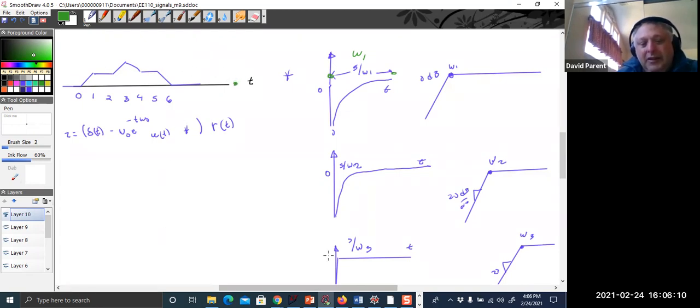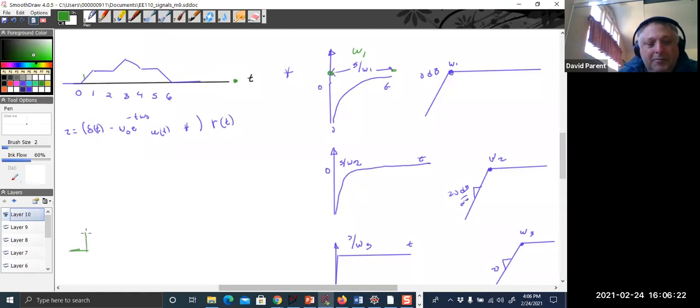But then something interesting happens here: it acts like it takes the derivative of this. So it'll go up, then it'll go to 0.